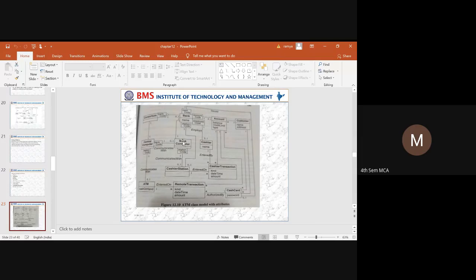The bank computer, with the help of a station code, communicates with the cashier station. So one or more cashier stations will be entered with respect to the bank.